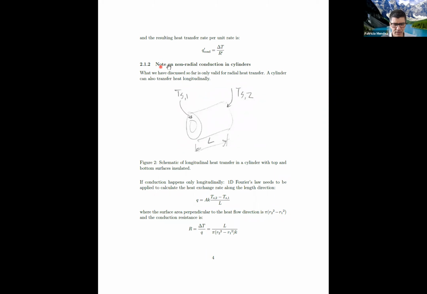I put here a quick note: the fact that we have a cylinder doesn't mean that the heat transfer is radial. Heat transfer is radial in a cylinder when the inner diameter and the outer diameter have different temperatures. But it can perfectly be that our cylinder is all isothermal in each cross section and along the length has a gradient. So one end has a temperature and the other end has another temperature.